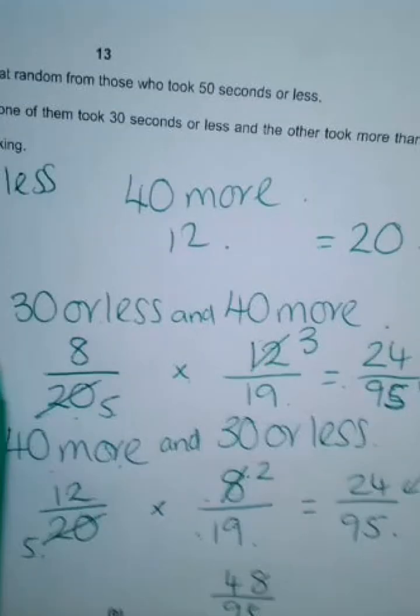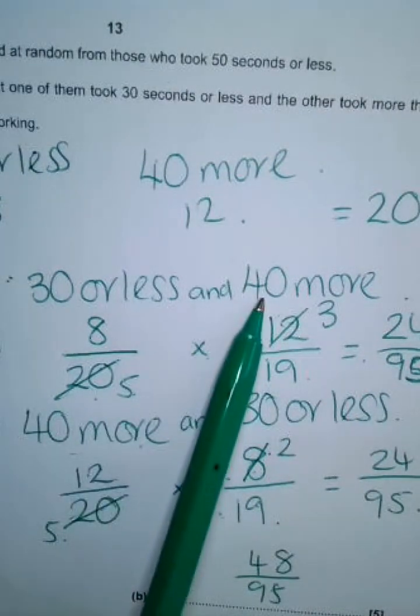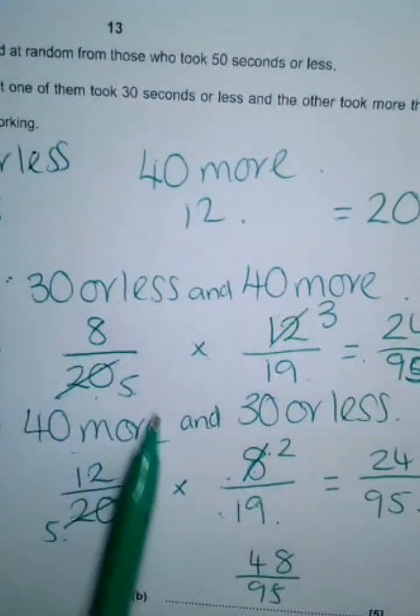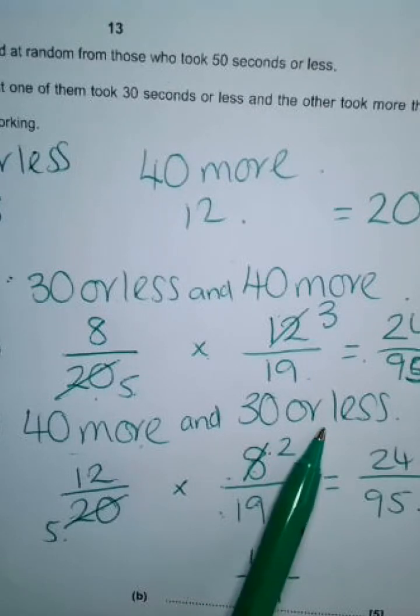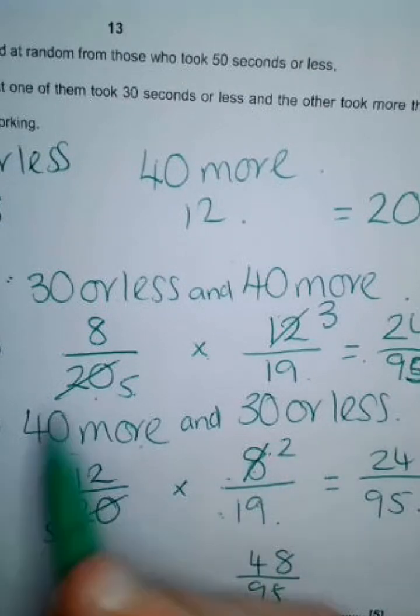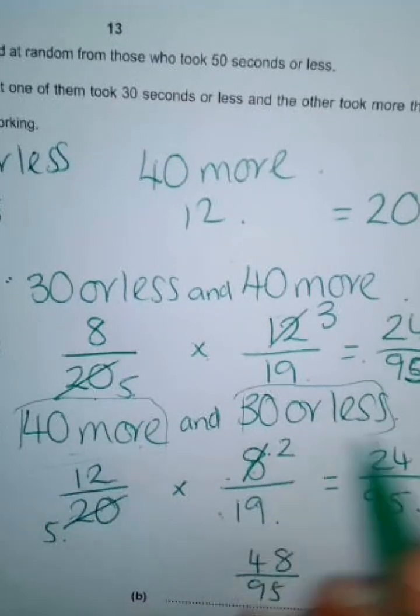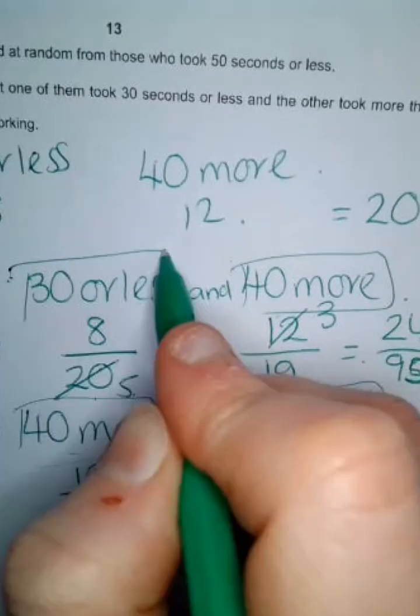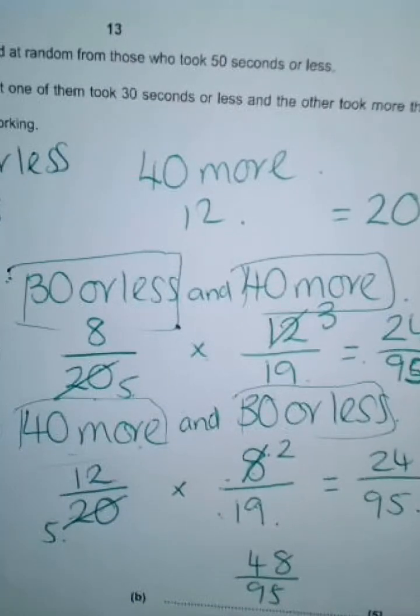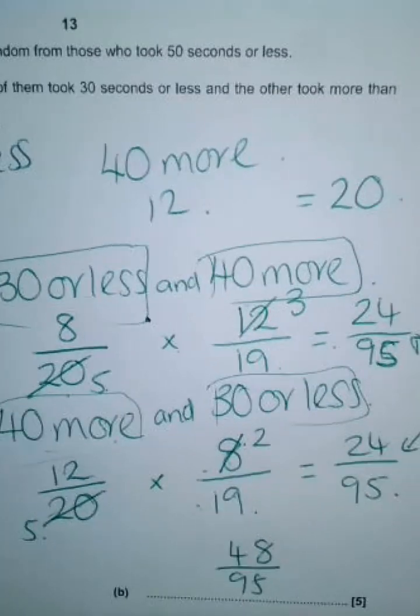So I could have done it by going 30 or less and then picking a 40 or more, or I could have picked 40 or more first and 30 or less second. Okay, so those are my 2 different ways of picking 2 people who were in those groups. So it's 48 out of 95.